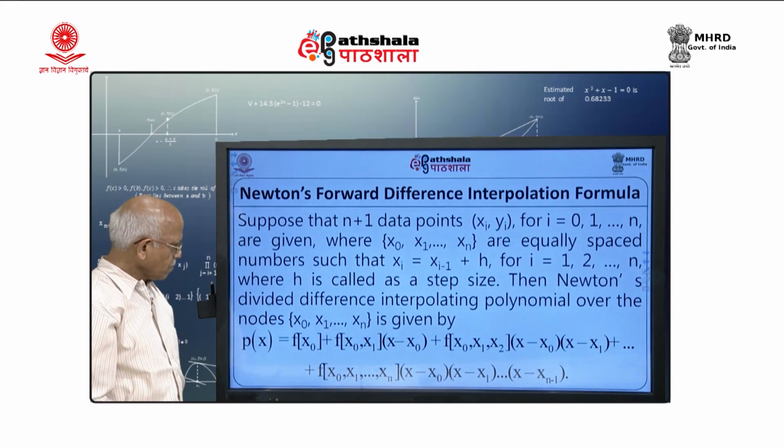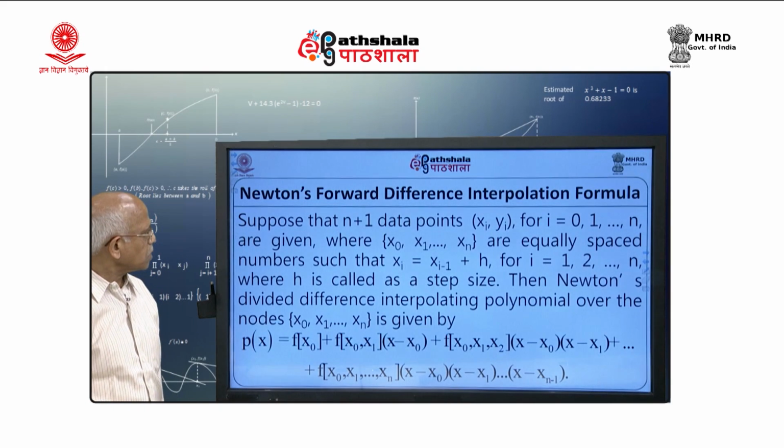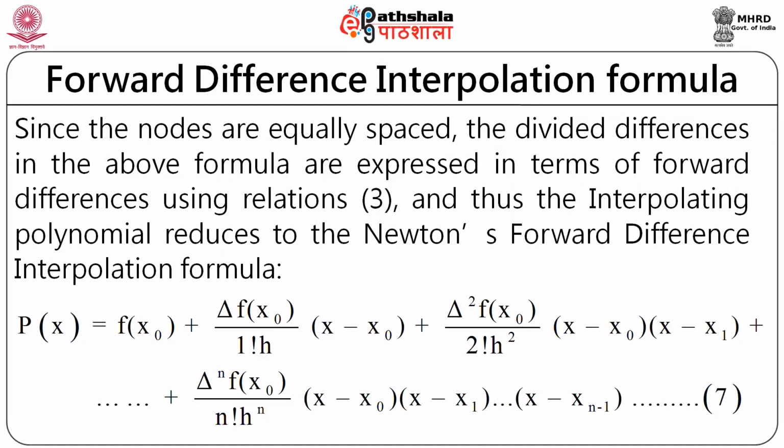So, now we are going to replace these divided differences by means of forward differences. Since the nodes are equally spaced, the divided differences in the above formula are expressed in terms of forward differences using relation 3, and thus the interpolating polynomial reduces to the Newton's forward difference interpolation formula, and that is nothing but p x. You can call it a formula or you can call it a polynomial.